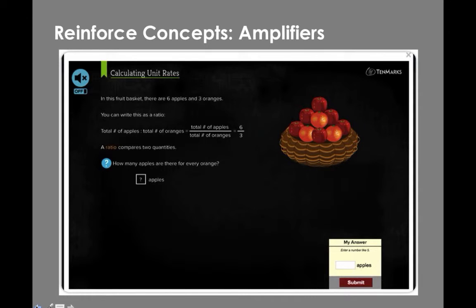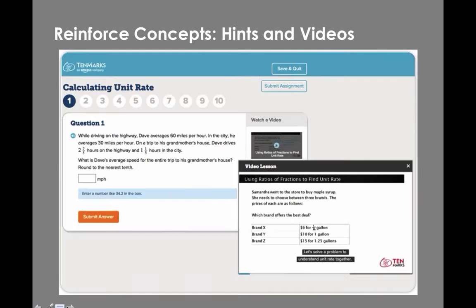I want to go back for a second and also just address the videos. We're always hoping that when a student doesn't understand a question, our items also have videos. In these videos, it goes through the instruction. Let's say I have Vince in my class, and he is still struggling, and he's a type of student that can answer questions in class, but when he goes home, he can't work independently.